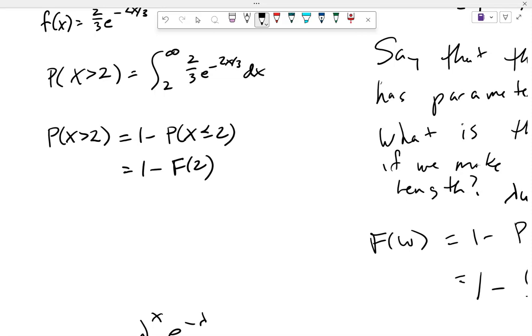Our CDF in this case is 1 minus e to the negative 2x over 3. Oops, except that my x is a 2 here.